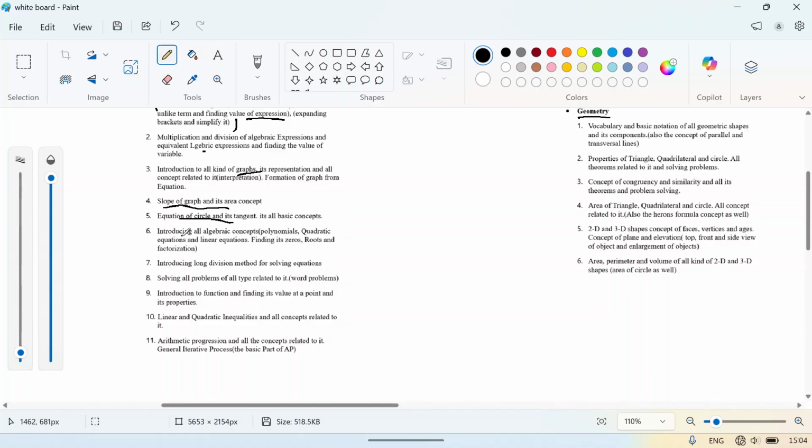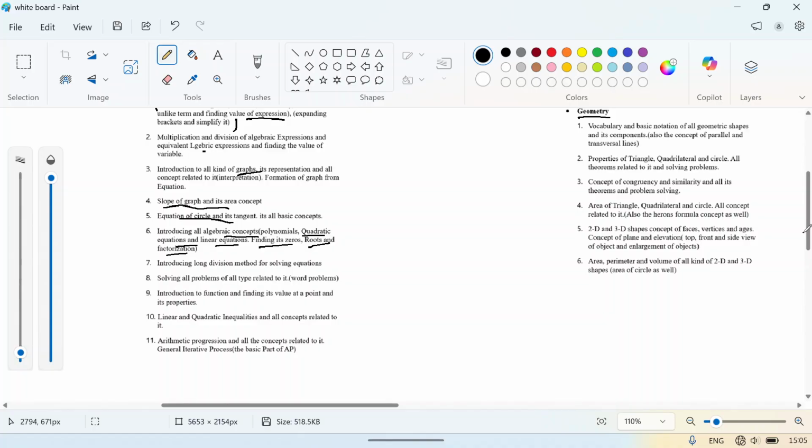Then in topic number 6, an introduction to all algebraic concepts like polynomials, quadratic equations, linear equations, and finding their zeros or roots and factorization. So here we are going to learn about the different types of algebraic expressions and how to solve and factorize them.